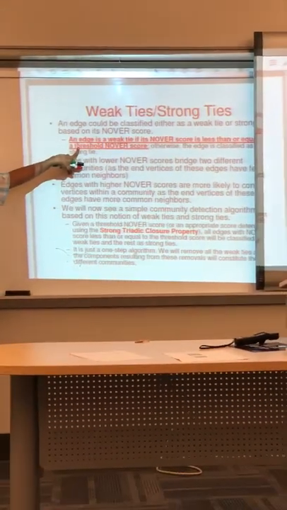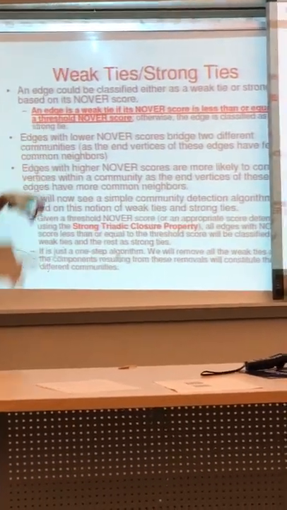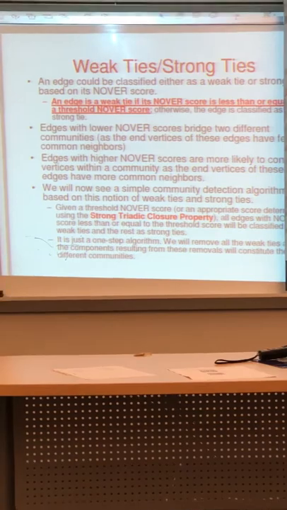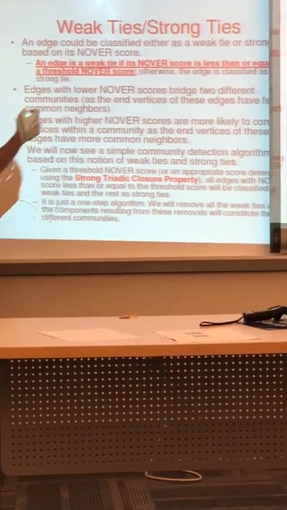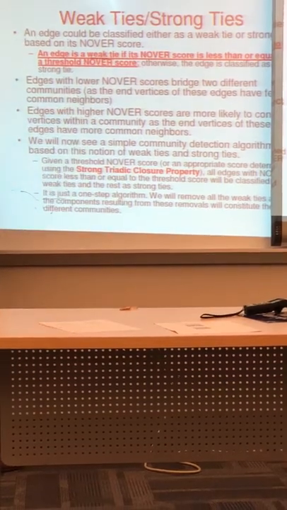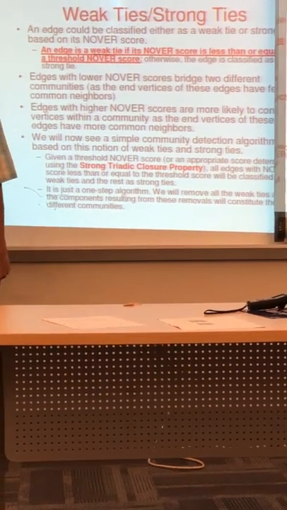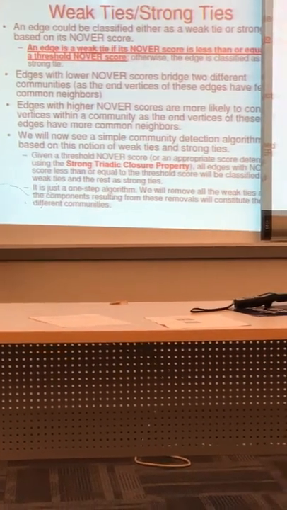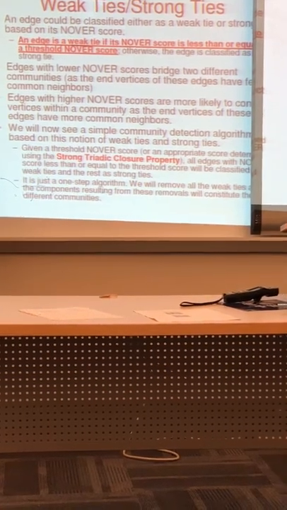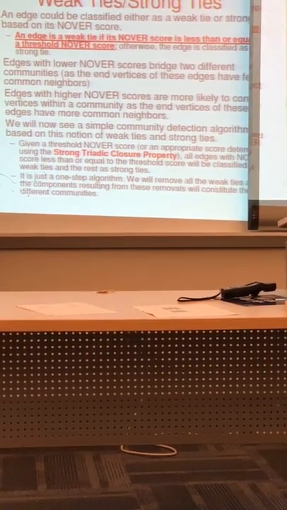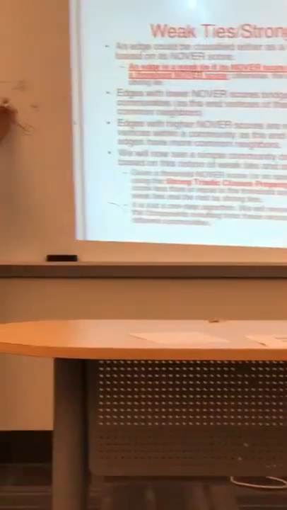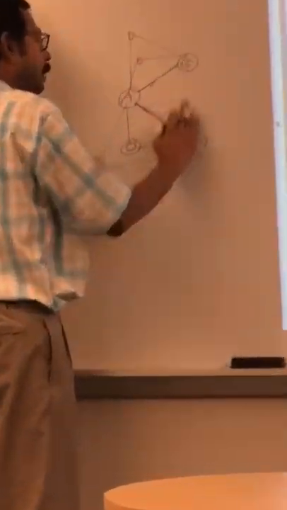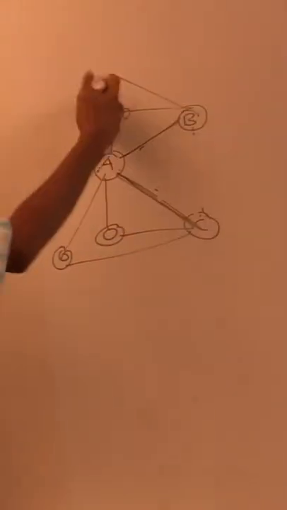So if the neighborhood overlap score for an edge is less than or equal to the threshold, then we can say that edge is a weak tie. If the neighborhood overlap score is above that threshold, which means a larger score, then that edge is a strong tie. Is that clear?